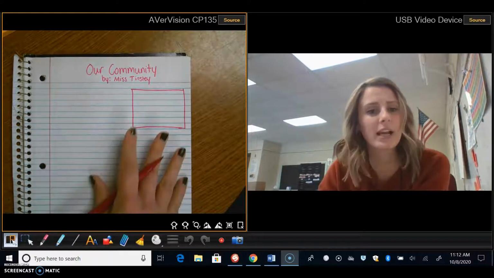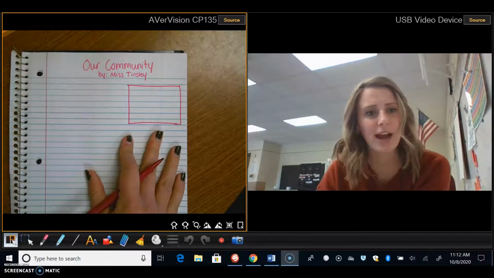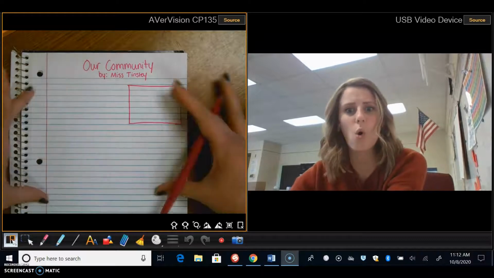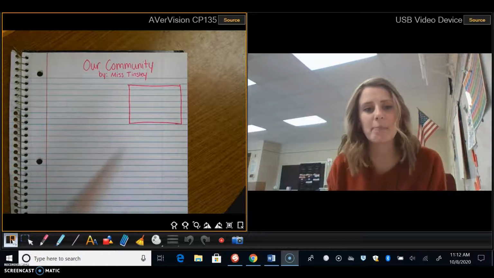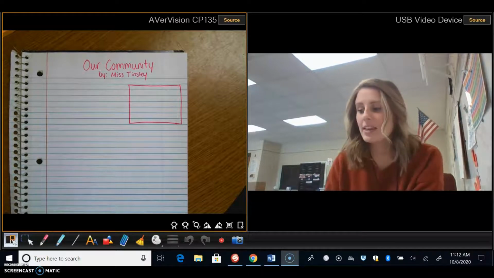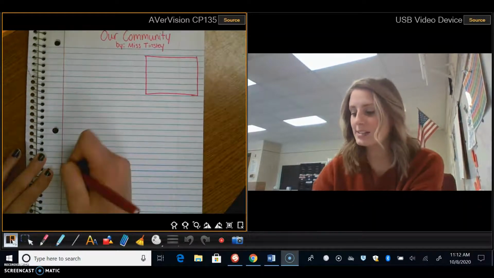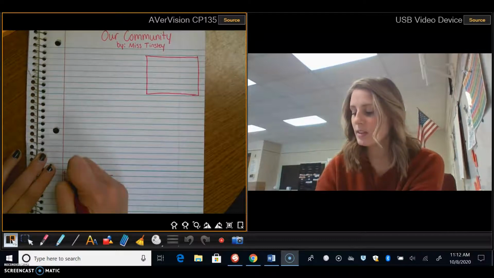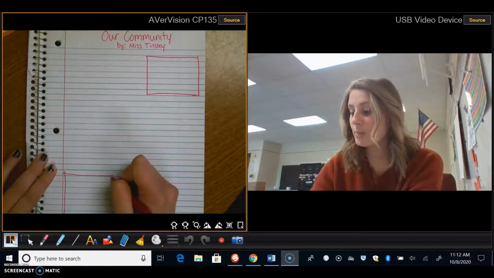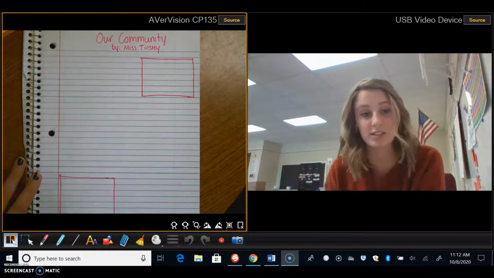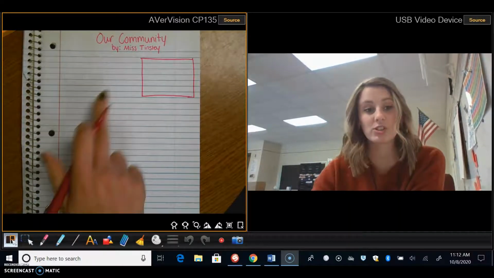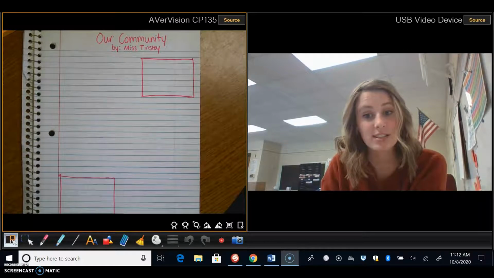Notice how it's just taking up one corner of my page. It's not taking up half of my page. It's taking up a little space. And then I'm going to draw a second box down here. So this helps me to know where my words should go and where they should not go, right? These are pictures, so I have to write my words around the pictures, okay?